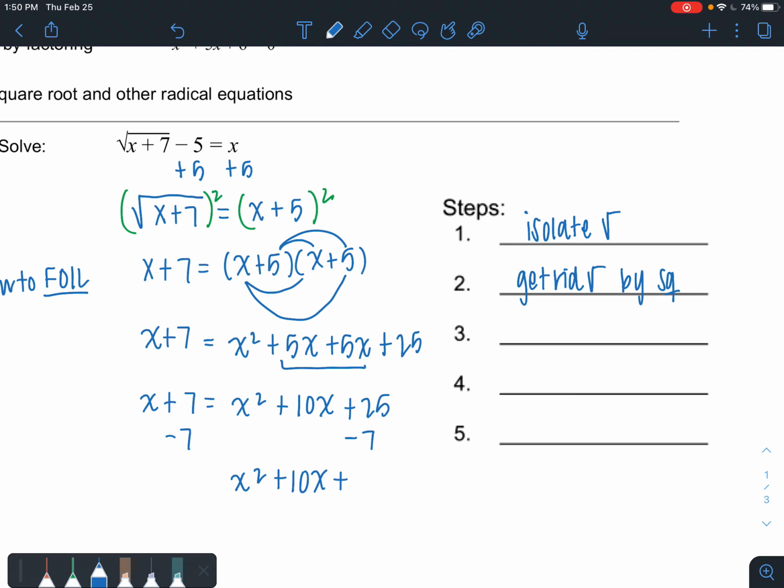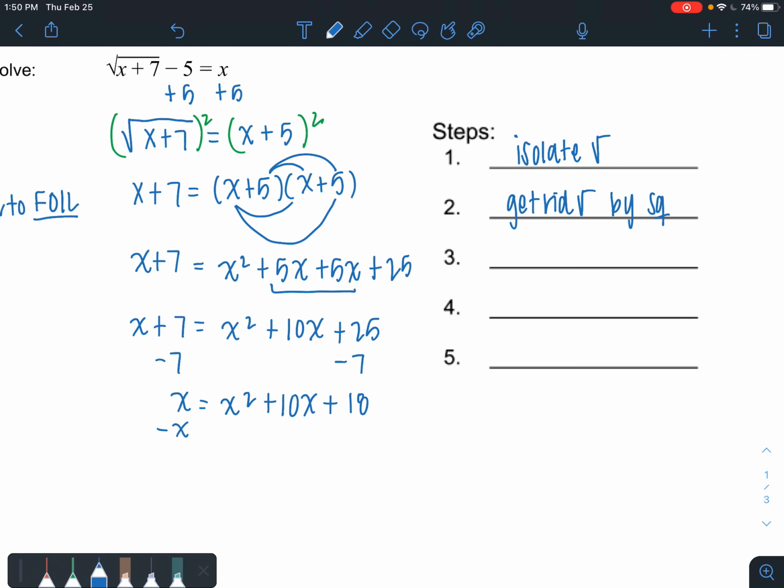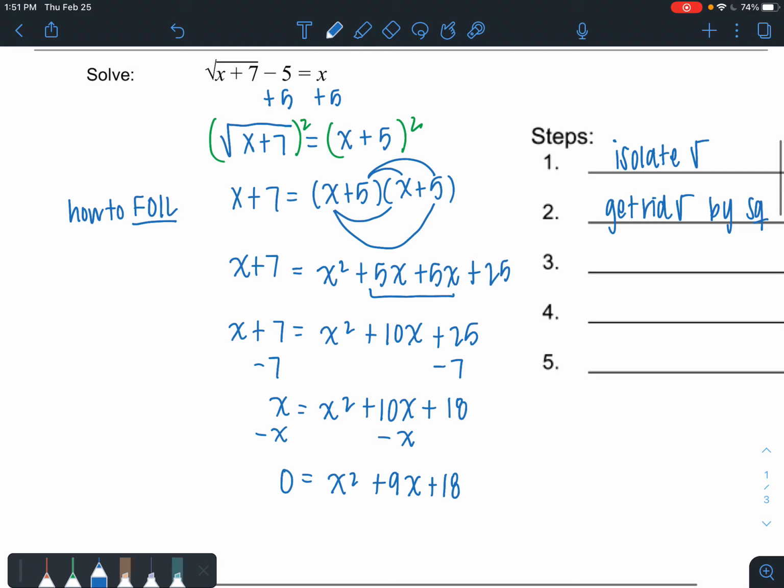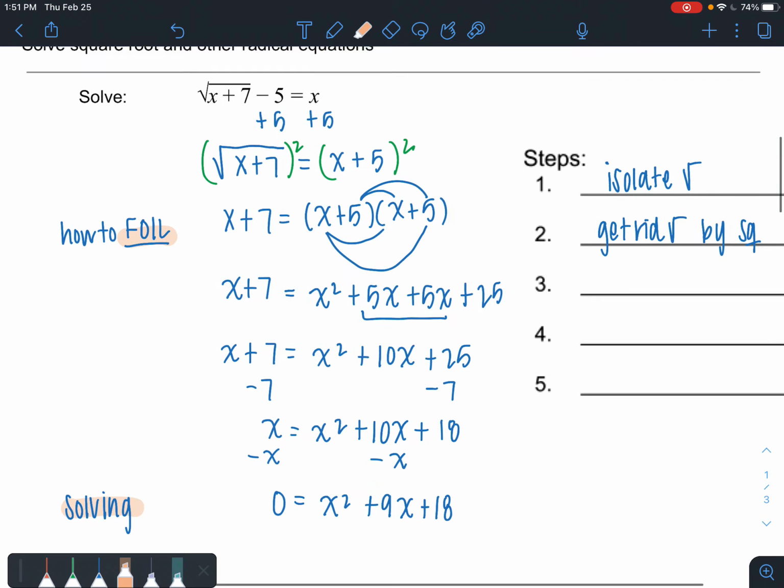That's not right, 7 minus 25 would be 18. And then subtract x. We have 0 equals x squared plus 9x plus 18. So we FOILed, and now we are solving, or simplifying. That was solving.